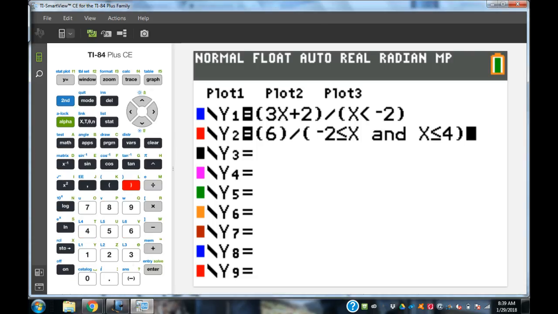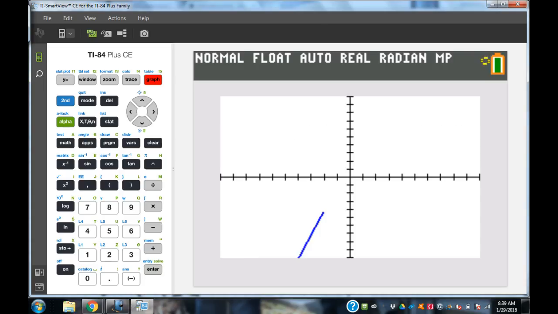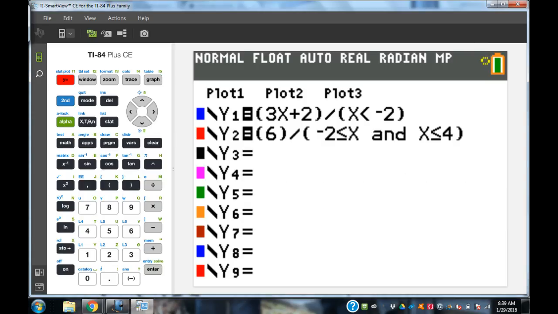And then when you graph that, you'll get part A, part B, and then we're going to get part C in Y3. -2x. And I didn't put it in parentheses again. I keep forgetting.